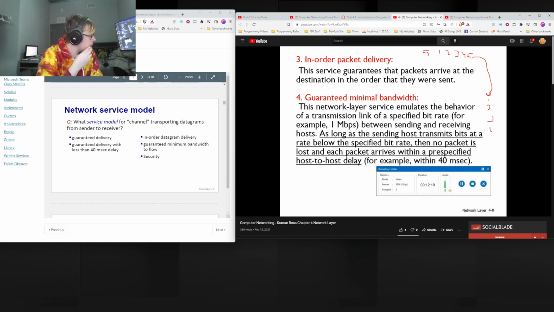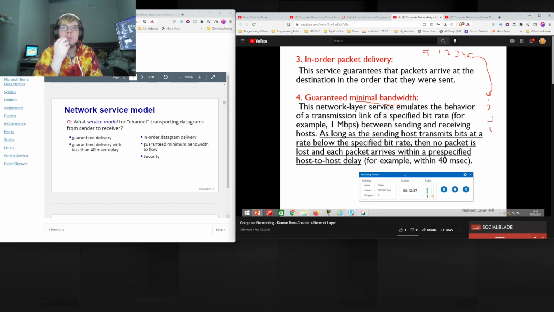Next is guaranteed minimal bandwidth. This service of the network layer emulates the behavior of a transmission link of a specified bit rate between the two hosts, between the sender and the receiver. It makes sure that the minimal bandwidth provided by the transmission link is always provided between the sender and the receiver.